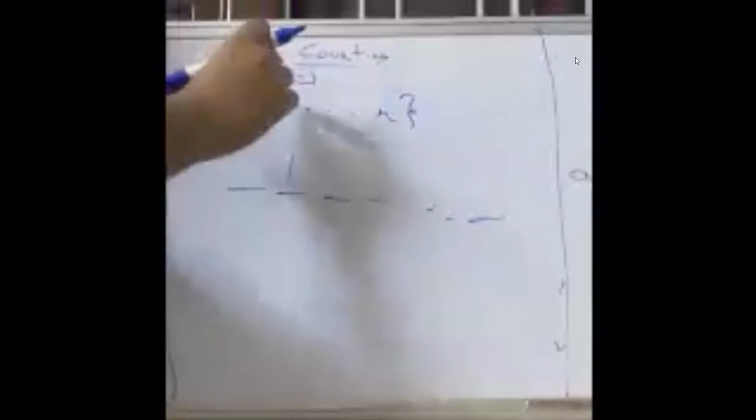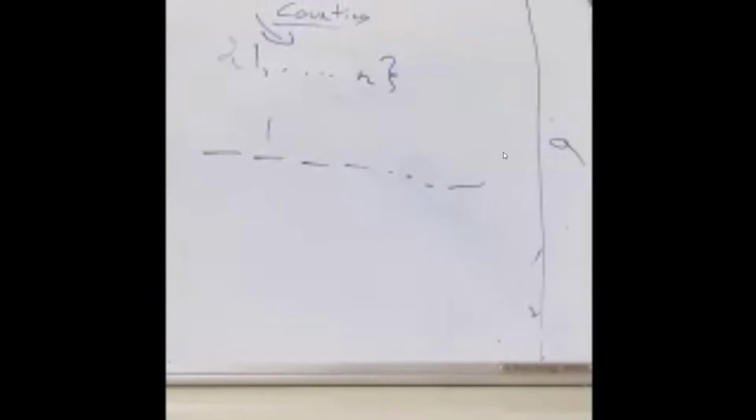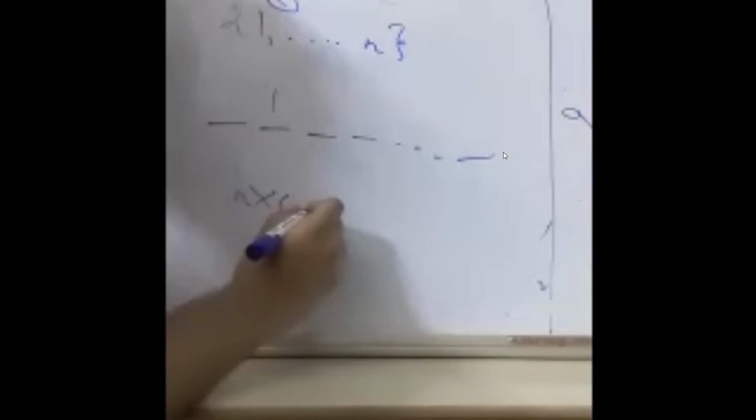Okay, so you can place this one in any of these n blanks. Now, if we take another element, we have n minus 1 blanks remaining, right? So we could place it in any of these n minus 1 blanks. So the number of permutations till now is n into n minus 1.